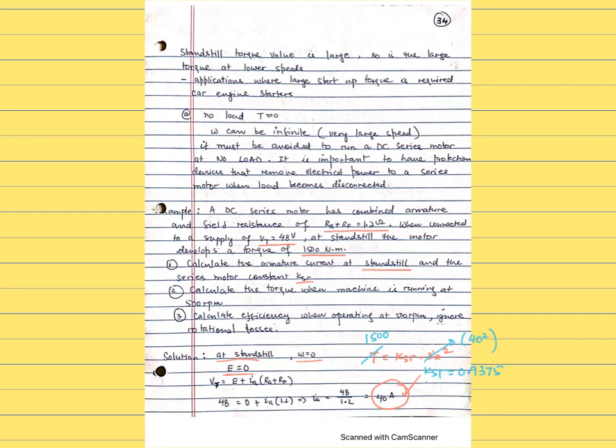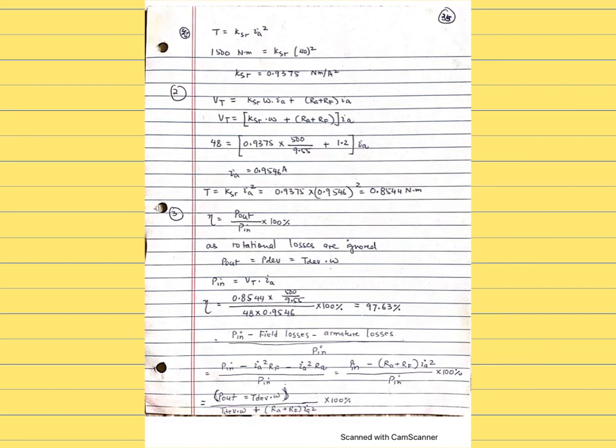The next part of the question is to calculate the torque when the machine is running at a speed of 500 RPM. You might realize how small the current is going to be now. So we're calculating the torque. Now the machine is running at 500 RPM. So that's the equation: you have Vt equals E plus Ia Ra plus Rf.